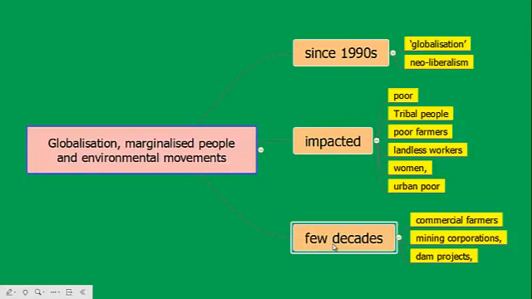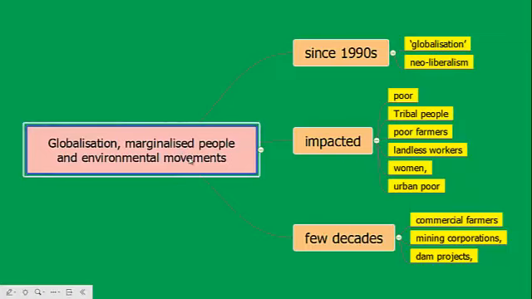And for a few decades, due to commercial farmers, mining corporations, and dam projects, these people are being vacated from their own places. They are losing their identity and their culture, and nature is also being spoiled. To control this, the people have raised their voice through environmental movements. So that is about globalization, marginalized people, and environmental movements.